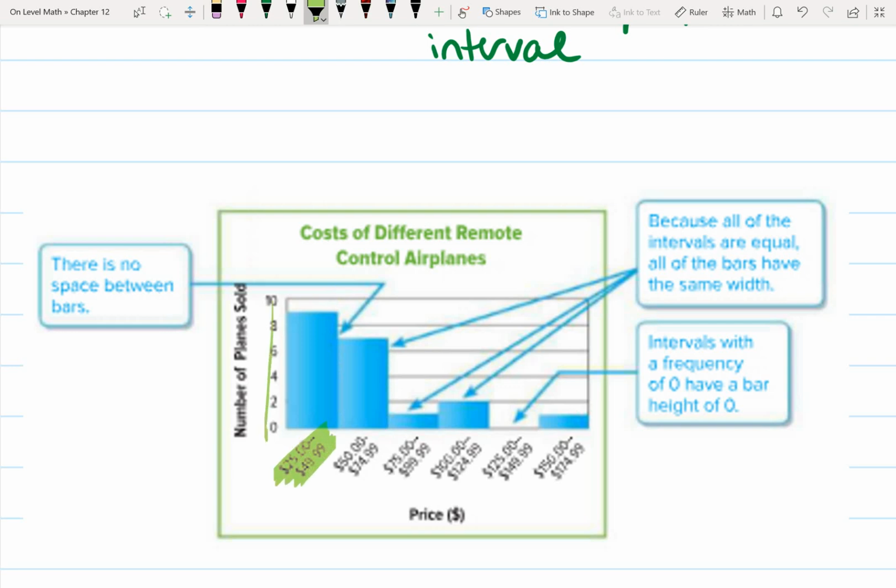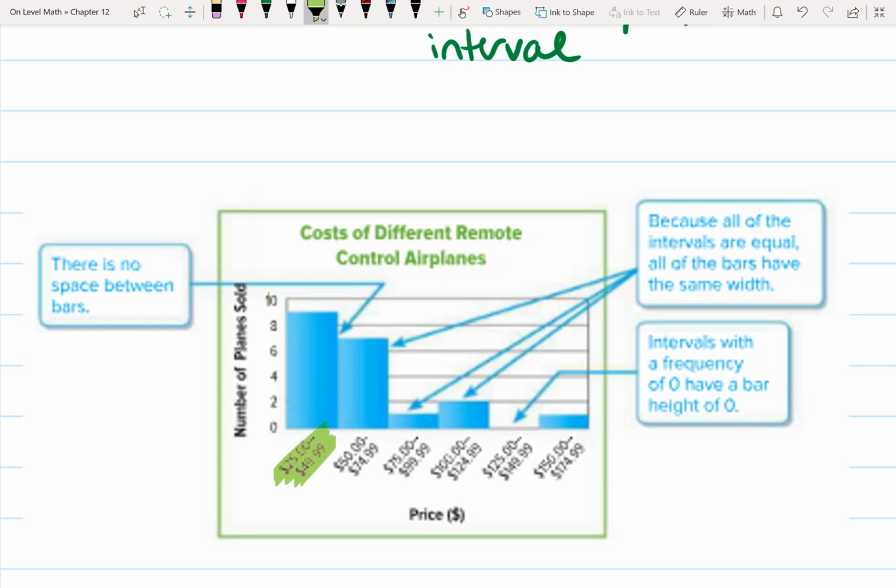So this still looks like a normal bar graph, with equal intervals going up. But instead of just saying $25, it's a range. So between $25 and $49.99, there are 9 planes sold. $50 to $74.99, it's 7 planes sold.